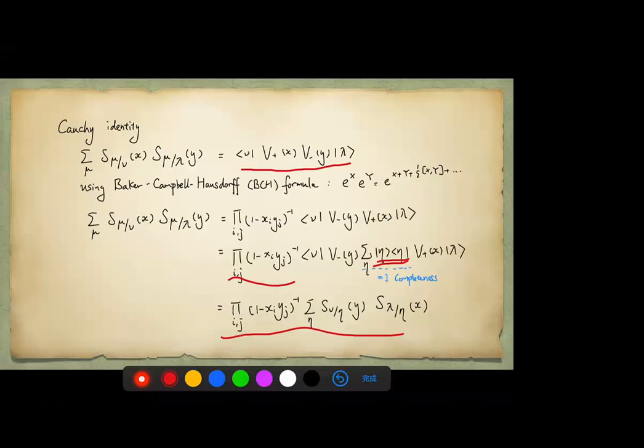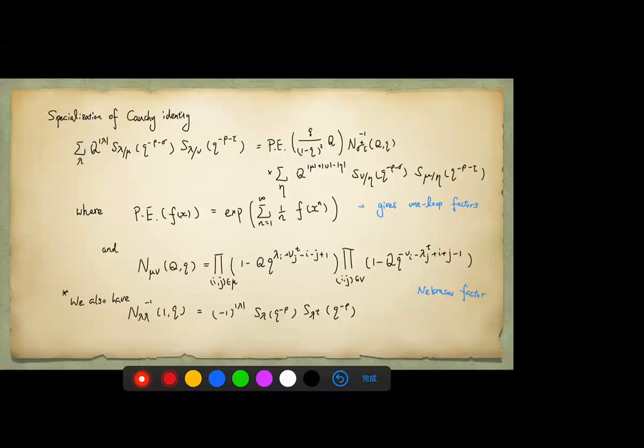And in the case of SU(N) gauge theory, what we need is this kind of specialization of the Cauchy identity, and what we obtain at the end from the previous calculation is this kind of one loop factor times the Nekrasov factor.